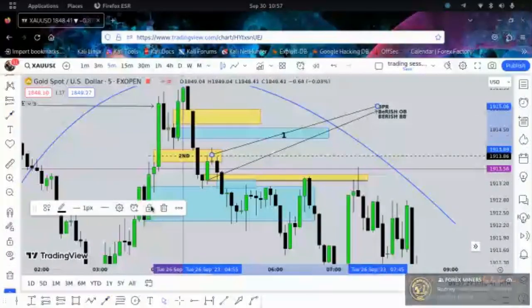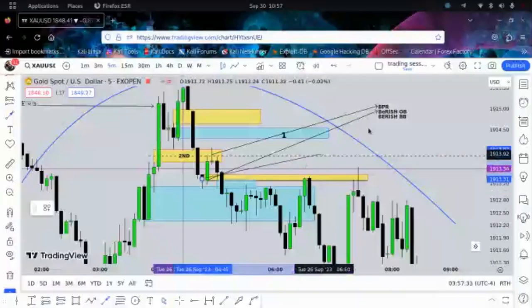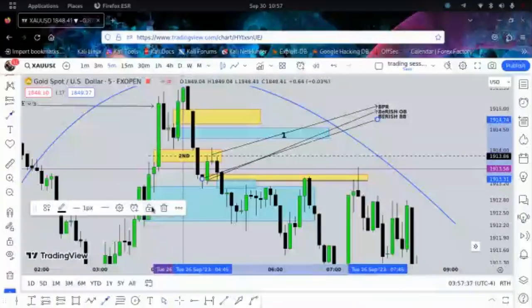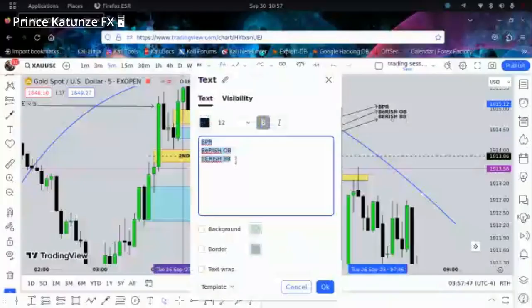What do you see? Breaker block, you match it. I think more is yet to come. What do you see? An FVG, you match it. So I'm going to add something onto this. We also have a fair value gap.